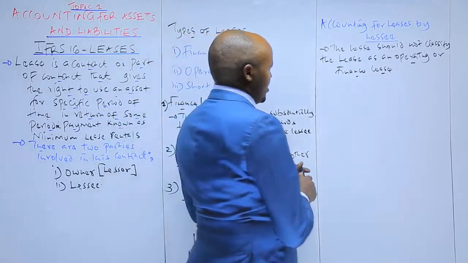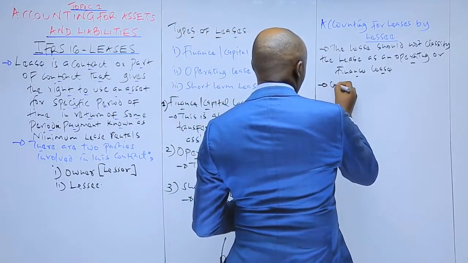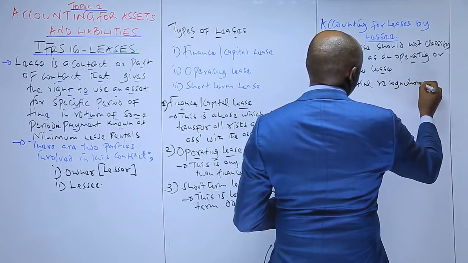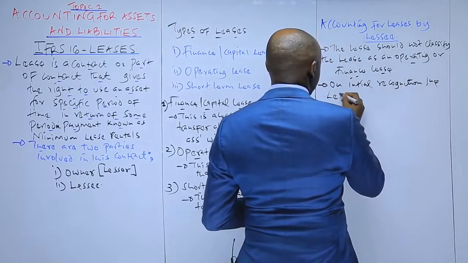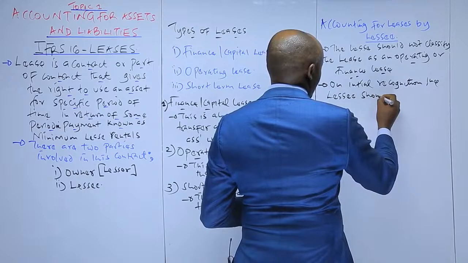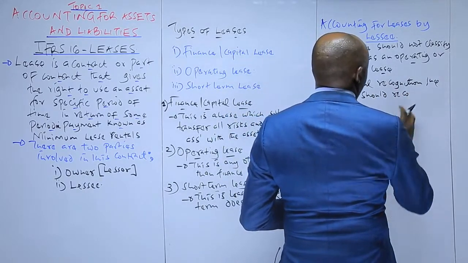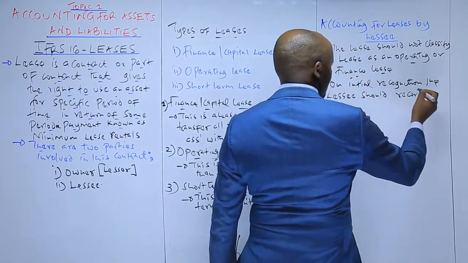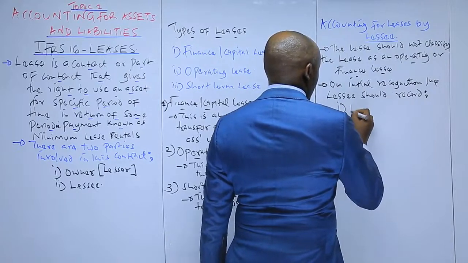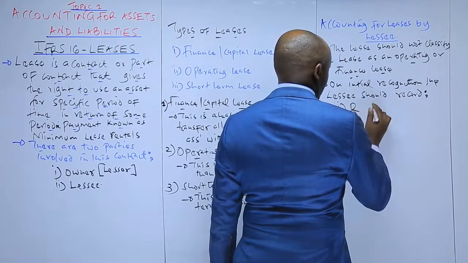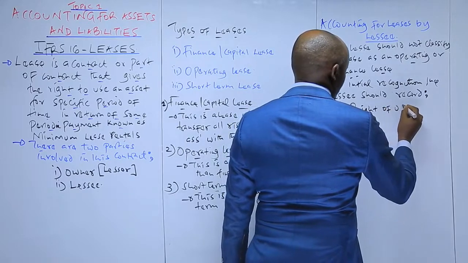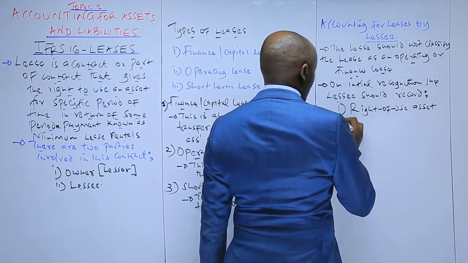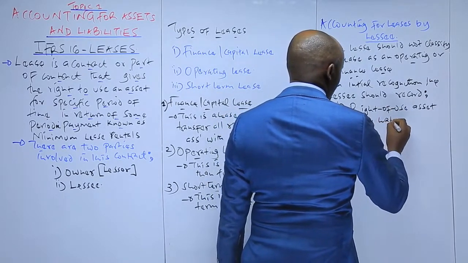So on initial recognition, the lessee should recognize, or record, number one, the right of use asset, and number two, the lease liability.